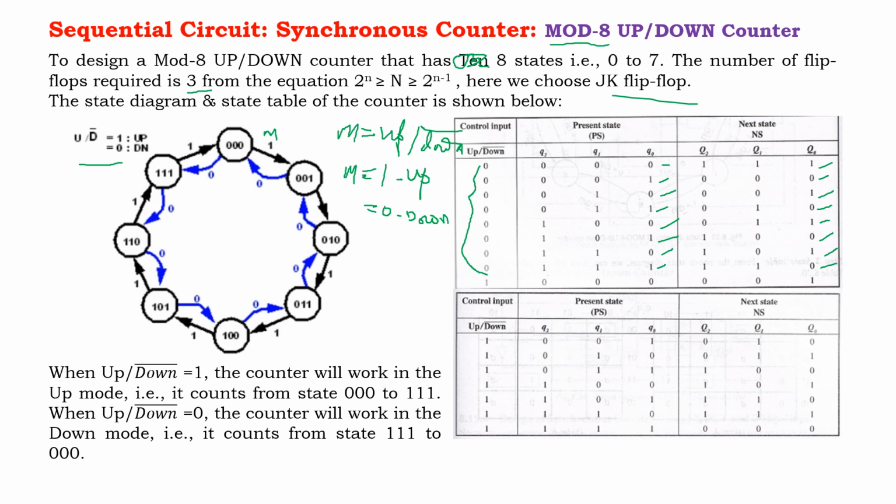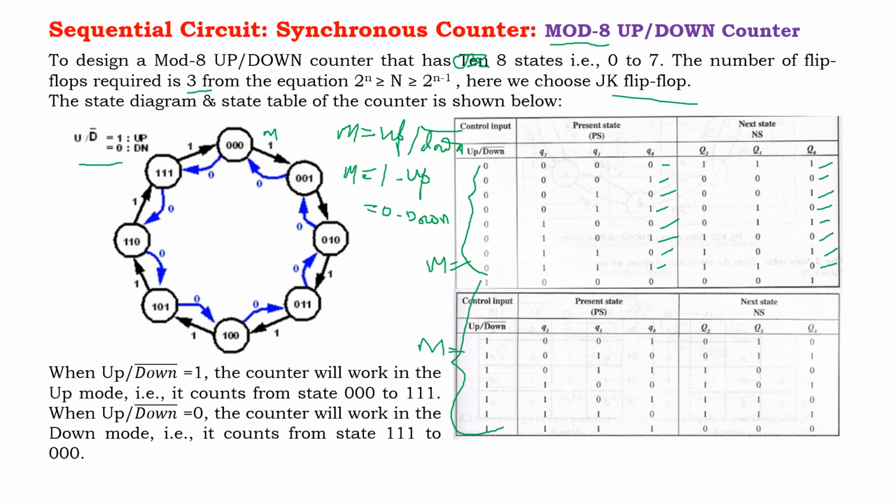Okay, and then again 0 to 1 where M is equal to 1. Here M is equal to 0, here M is equal to 1. So for 1, it will be the up counter: 0 to 1, 1 to 2, 2 to 3, 3 to 4, 4 to 5, 5 to 6, 6 to 7, 7 to again 0.